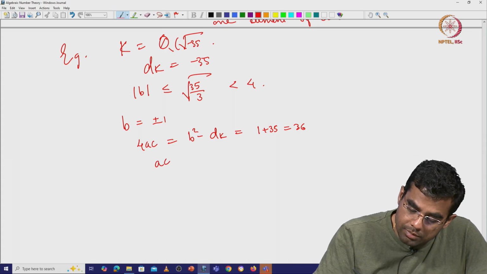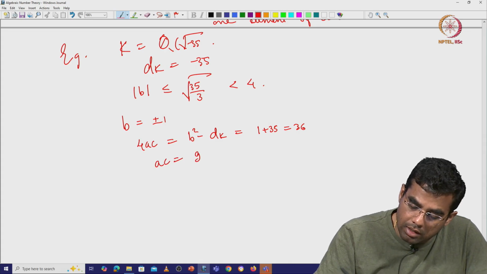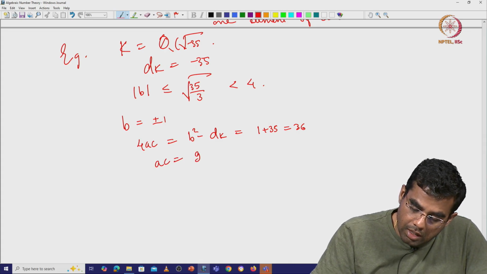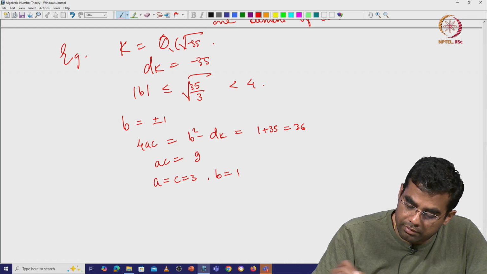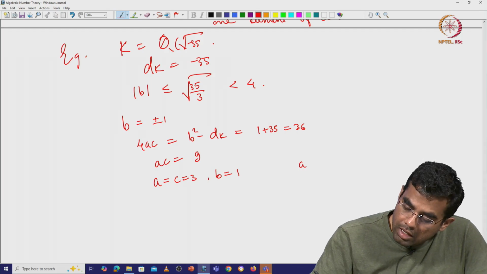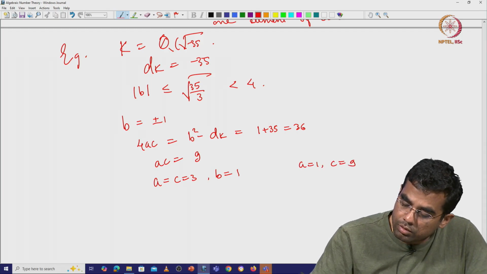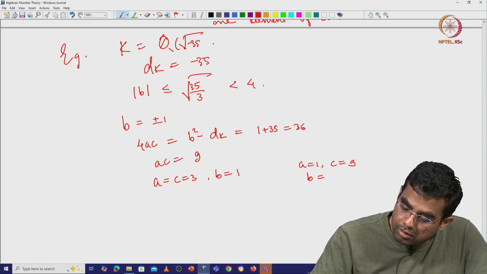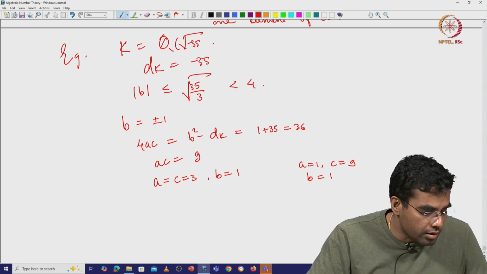And so a times c is 9, which means that a is equal to c is equal to 3, in which case b has to be positive, or you get a is equal to 1, c is equal to 9, in which case again b has to be positive.